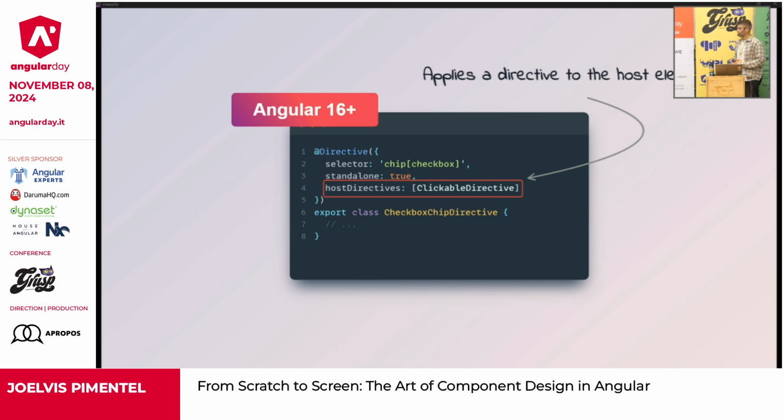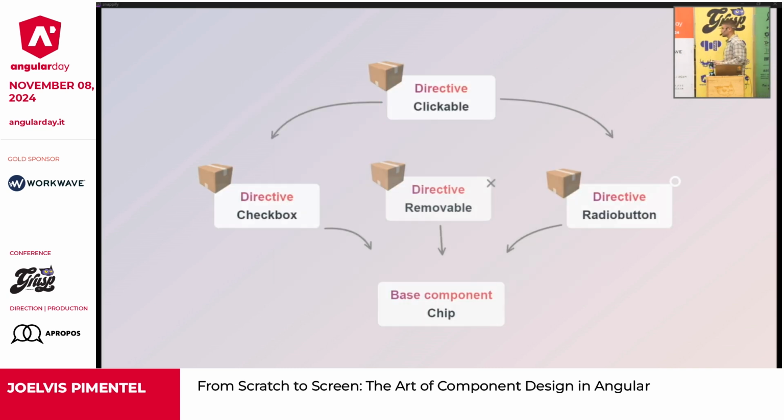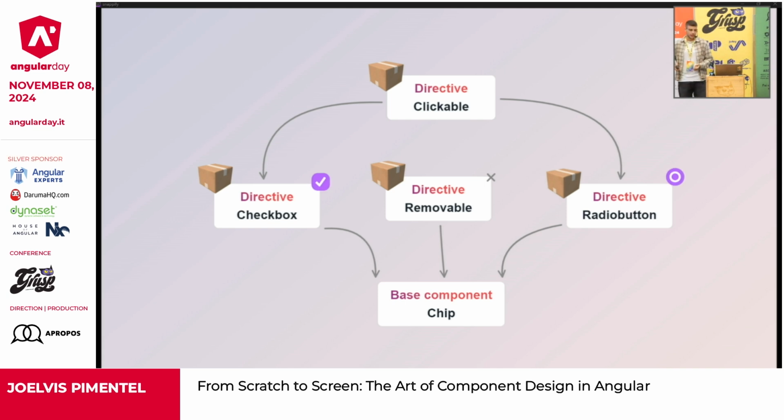Well, it turns out that from Angular 16, we can include directives directly in the host directives attribute in the decorator of directives and components. And this is extremely powerful, because now we can add composability in multiple layers.